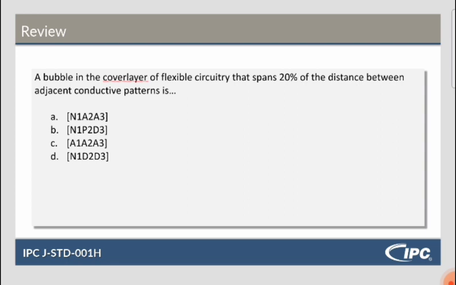If this was a question on a test, I would probably search for the words cover layer, because there may be a few examples of the word bubble, but cover layer isn't as frequently mentioned. And that brings us to A. There's no requirement established for class 1, and that would be acceptable for class 2 and 3. I believe the number was supposed to be 25%.